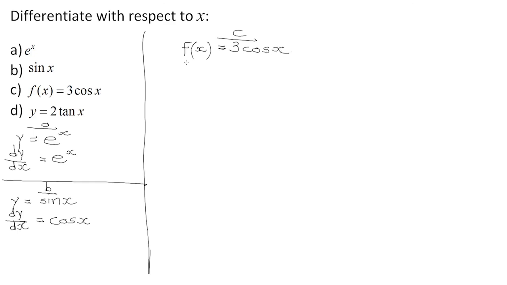Now, to find the derivative, we write it as f dash x is equal to, you keep the 3 as a constant, you use a square bracket, you go to formula number 15, the derivative of cos is minus sine of x. And then you just multiply it out. 3 times minus gives you minus 3 sine of x.